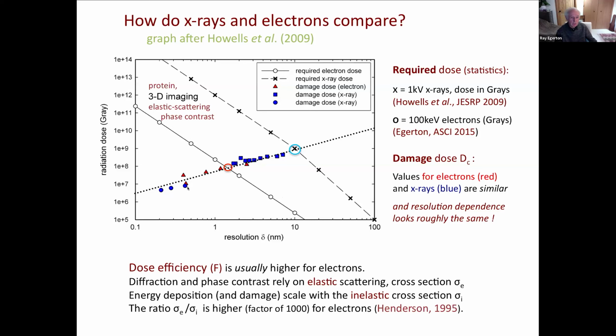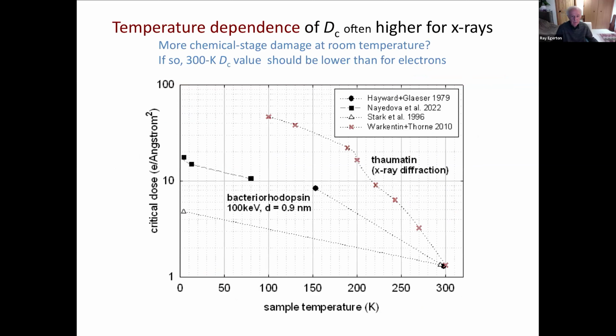The other thing that we can see from this plot is that X-ray data in blue and electron data correspond to roughly the same characteristic dose for these different resolutions. And so we can say, to a first approximation, the characteristic dose is the same for electrons and X-rays. Not that surprising, because we're talking about the same radiolysis process in both cases. However, when you look at the temperature dependence of this characteristic dose, it tends to be higher for X-rays compared to electrons.